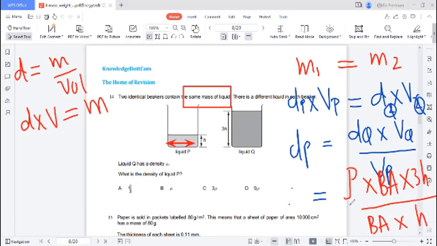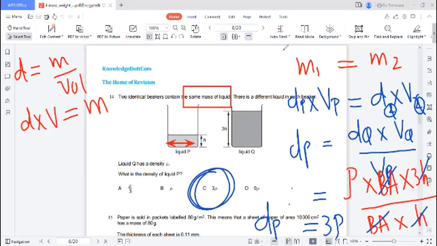So you can see base areas are same. We can cancel out base areas. H is cancelled with H. So we are left with only 3 times rho, which is density of P. So density of P is 3 times rho, which is this option.